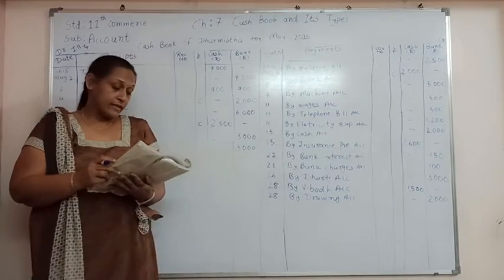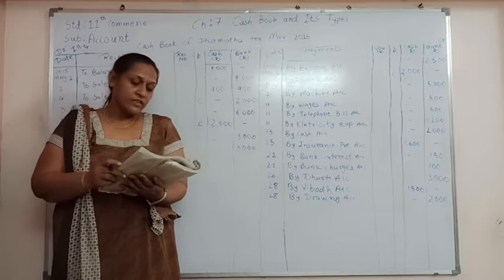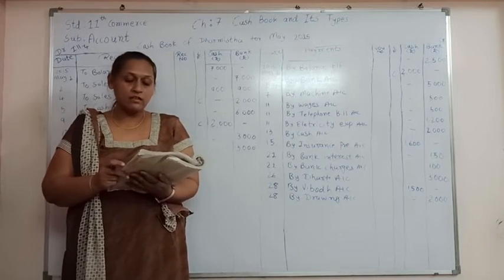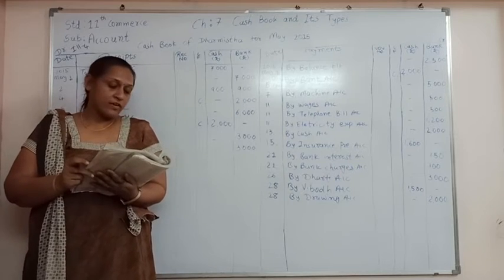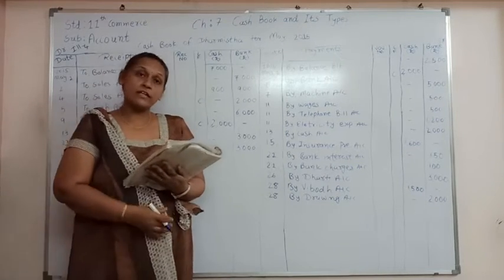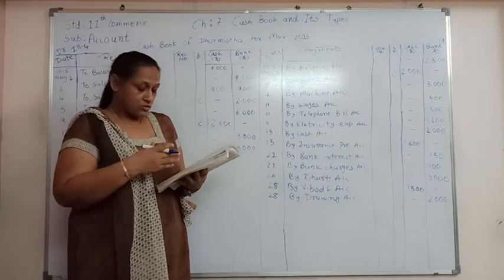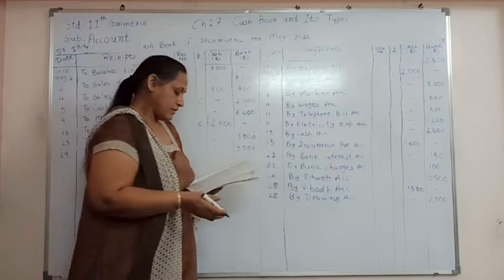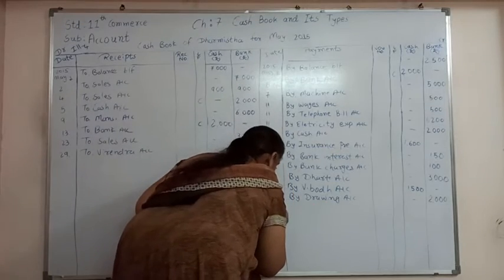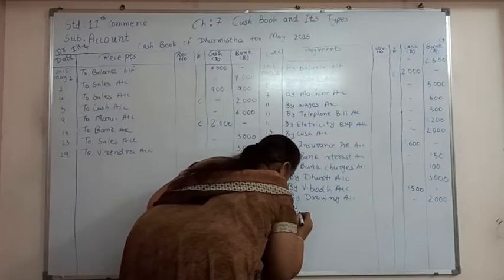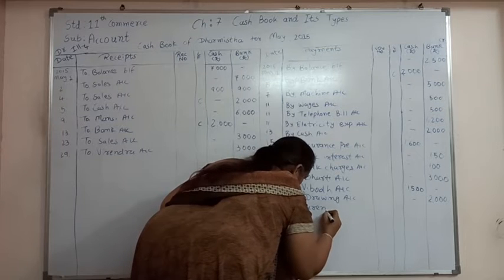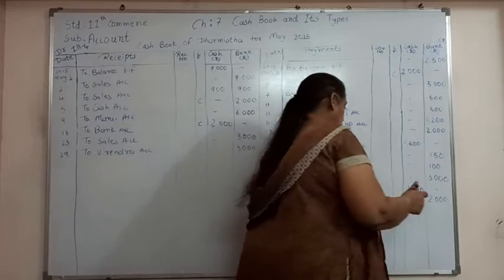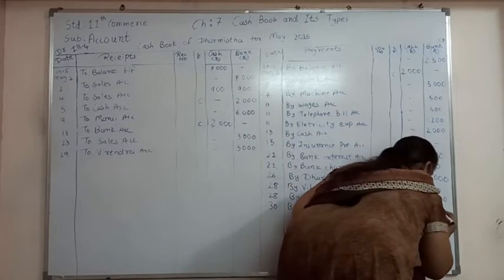Now on 30, check of rupees 3000 received from customer Virendra is endorsed in favor of Surendra. So again the same check we have endorsed, so we are going to write on the credit side by Surendra account. So here that will be 3000.